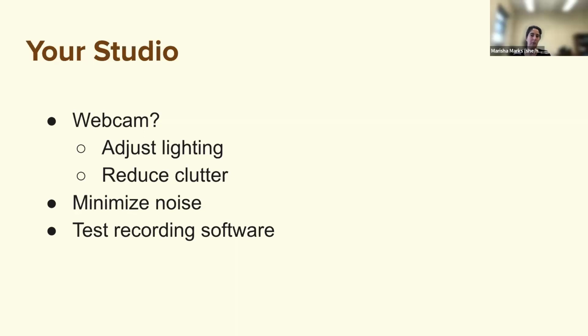So if there are different places in your workspace where you could sit or different ways that you could angle it, or maybe even just looking at the time of day when you create the recording. If you're creating your recording in the evening and the light is not coming through the window, but instead you have a lamp that illuminates you from the front, that may create the same effect as sitting in a space where you're facing the light.